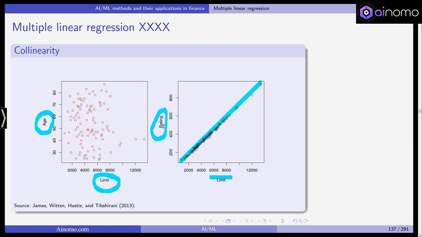Why? Because if you remember the estimation of the coefficients in the multiple linear regression case, the coefficient estimates are given by the matrix X transpose times X, which you then have to invert, and you will get numerical problems.